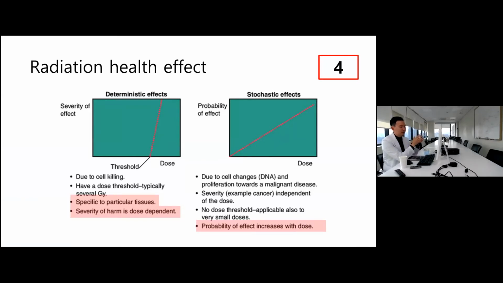So when considering the health effects of radiation on the human body, we usually consider deterministic effects and stochastic effects separately.